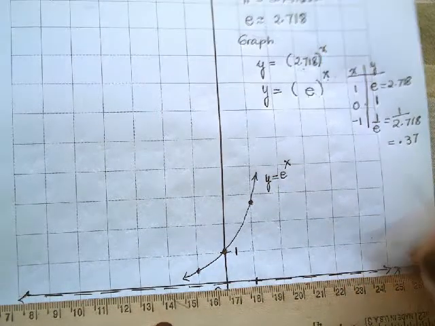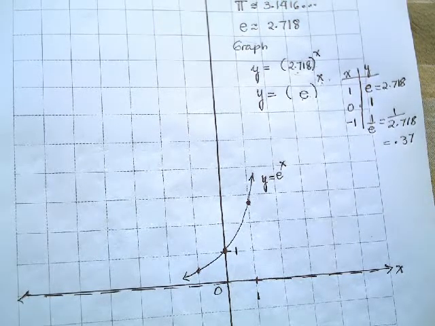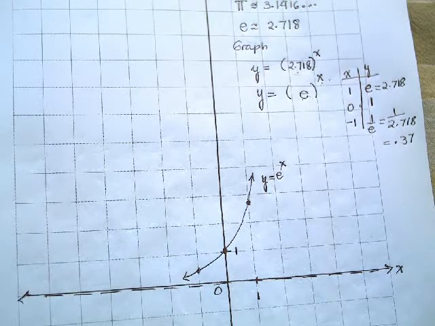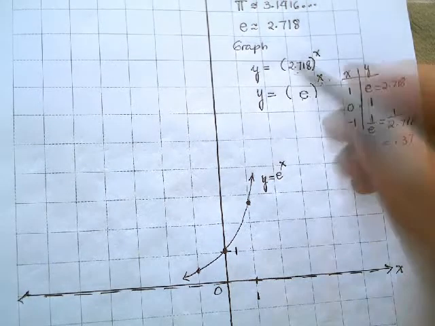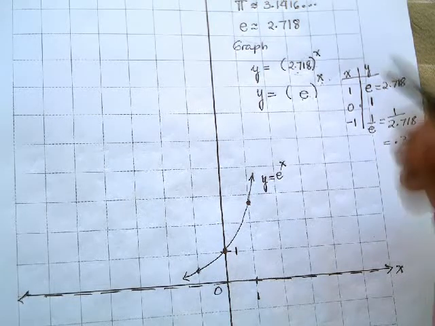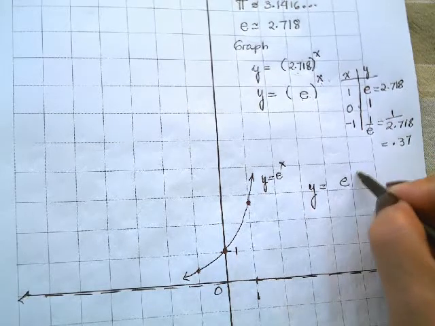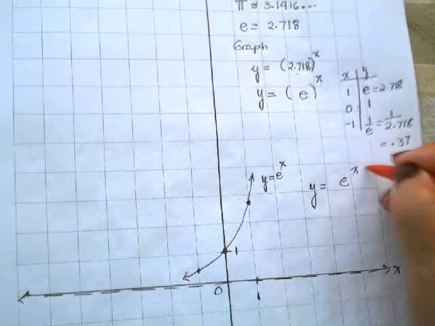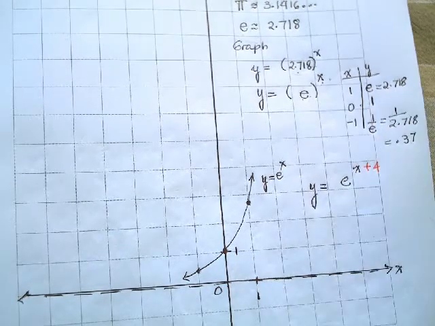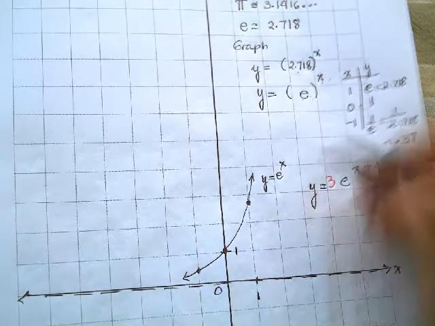Let's try to do some transformations on this. For example, I want you to graph y equals 3 times e to the x plus 4. That is, e to the x is the parent graph, we put a +4 in the exponent, and multiply everything by 3.